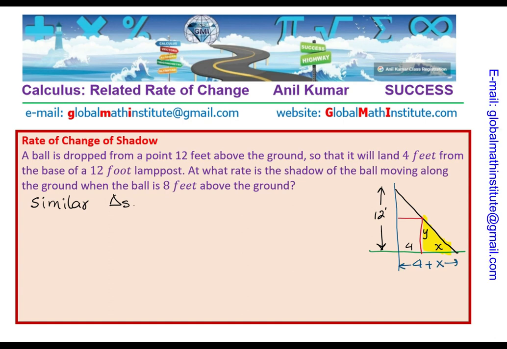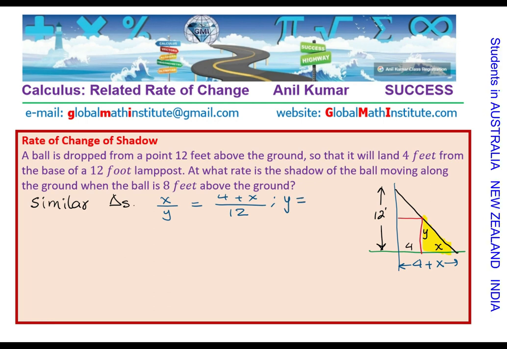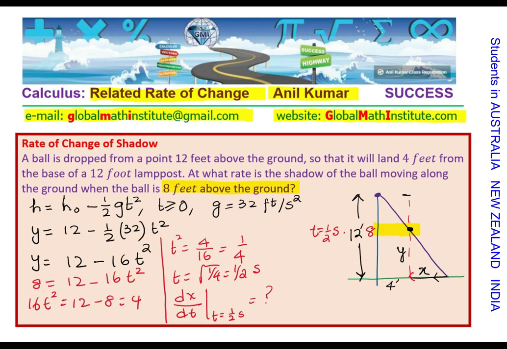So from similar triangles, we can relate this to x over y is equal to 4 plus x over 12. Make sense? So that becomes the relation, and we can relate x and y. We've already figured out that, on the last page, y is equal to 12 minus 16 t square, right?